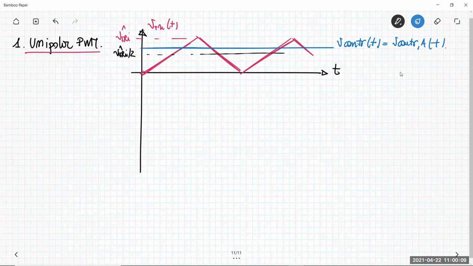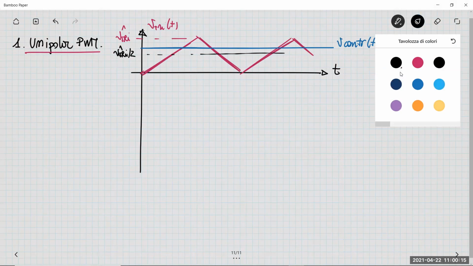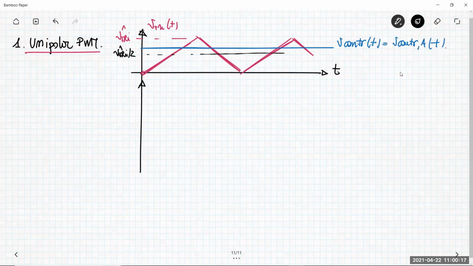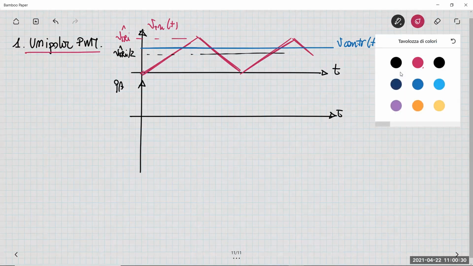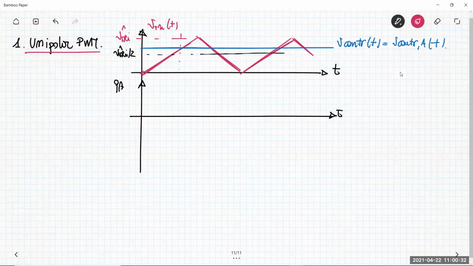So this means that I can compare these two waveforms in the modulator to find out QA, with the standard generation rule. So when the control voltage is higher, it is 1.